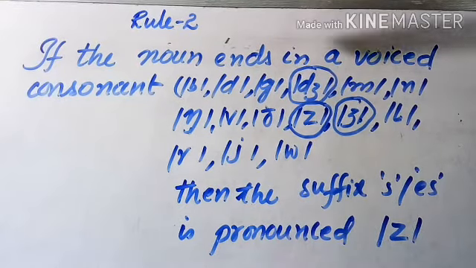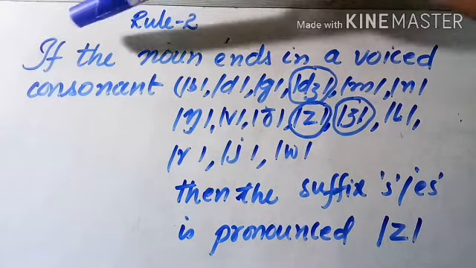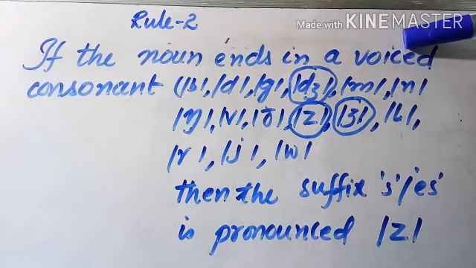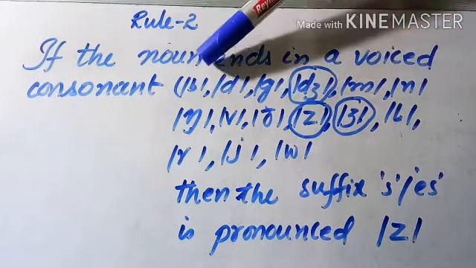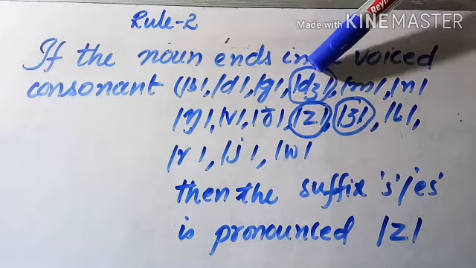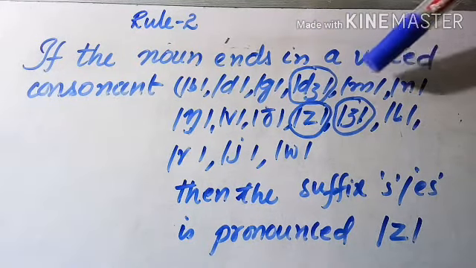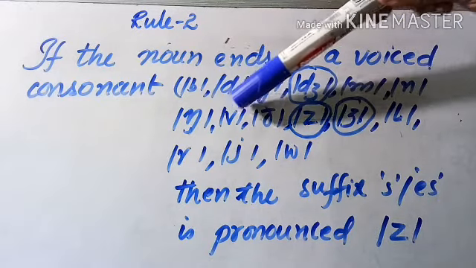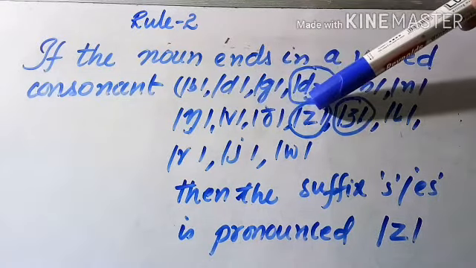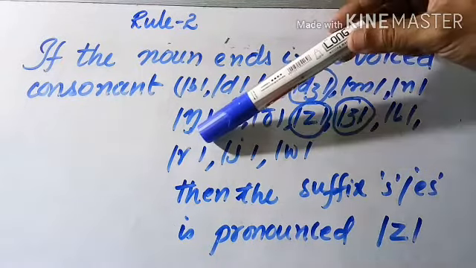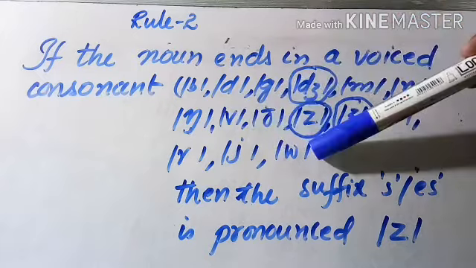Now we come to rule 2 here. If the noun ends in a voiced consonant, that is b, d, g, j, m, n, ng, v, d, z, zh, l, r, y, w.